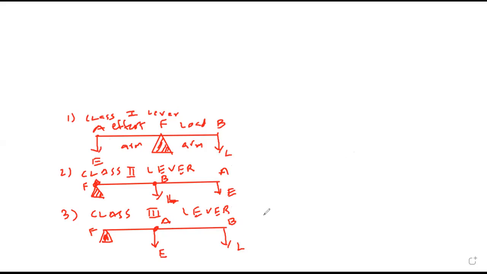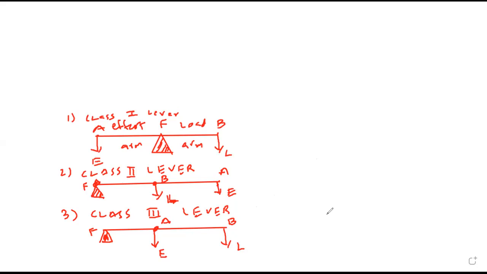Can I say here the load arm and effort arm can be either equal, less or greater? But here A to F is the effort arm, always greater than the load arm because this distance is more. Just draw the diagram first, don't get confused. How many types of lever are there? Three.